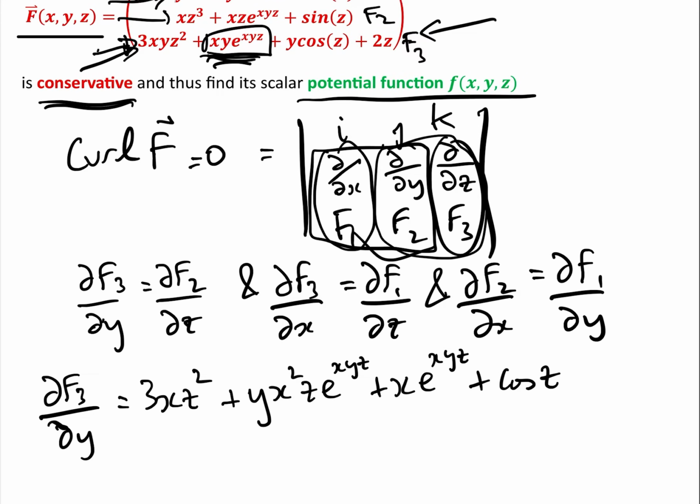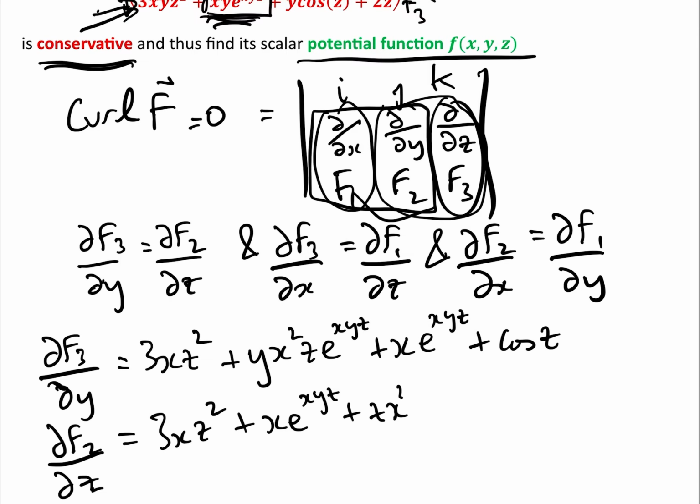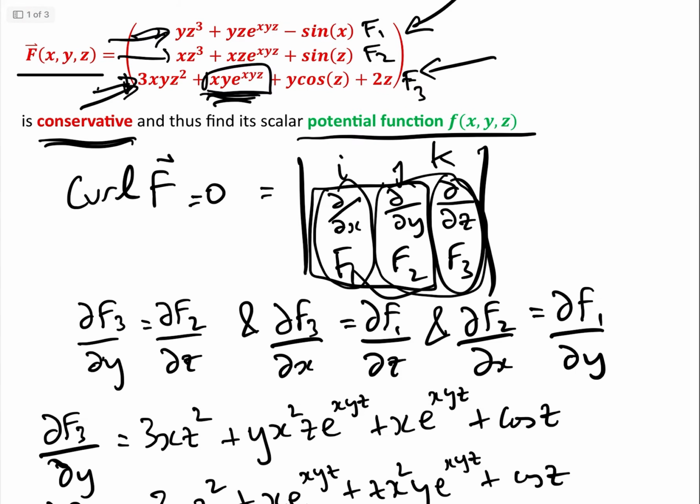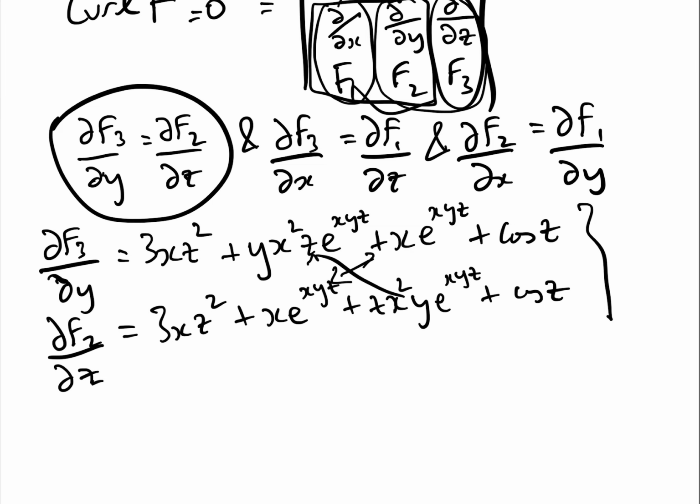So that is the derivative of that one with respect to y, and then unfortunately it's going to have to go off the screen, so df2/dz, you're just going to have to scroll up, is 3xz squared plus x e to the xyz plus zx squared y e to the xyz plus cos z. That's just differentiating that one partially with respect to z, and we can see that those two are indeed the same. Good, so that one is solved.